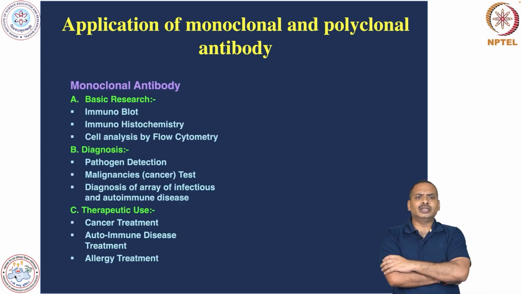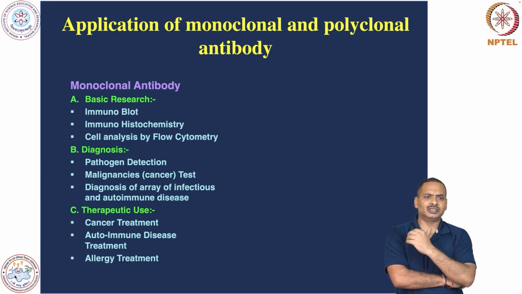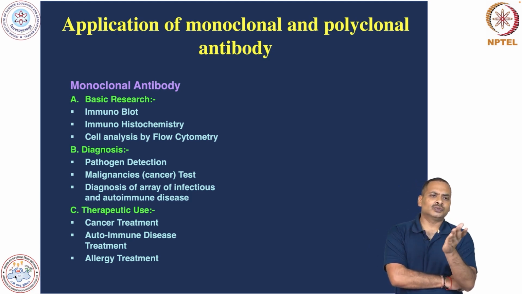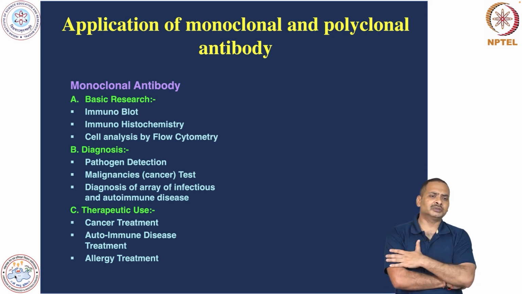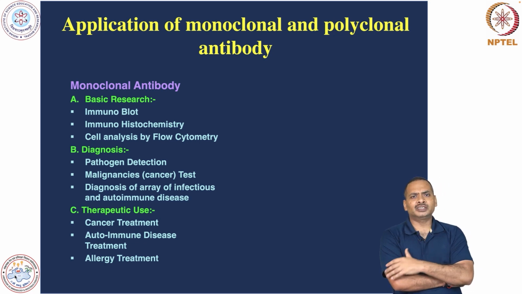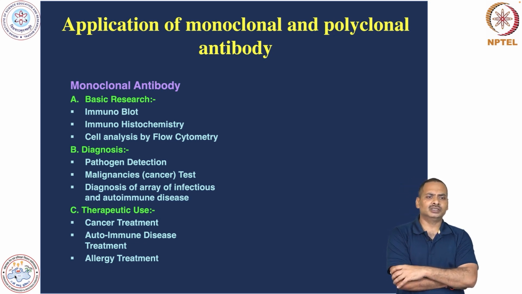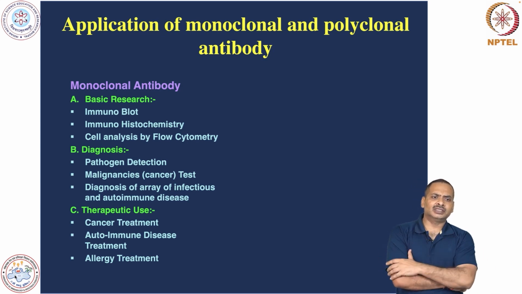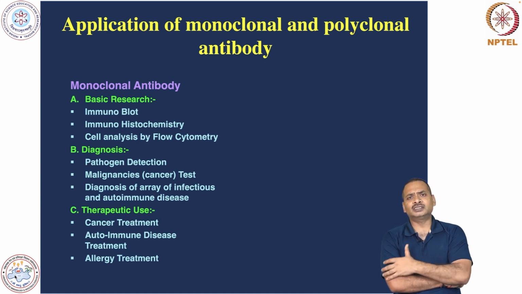Monoclonal antibody is basically used in basic research, diagnosis, and therapeutics. In basic research we use it for immunoblot, ELISA, immunohistochemistry, and flow cytometry; you do cell analysis using monoclonal antibody. It is widely used in diagnosis, like pathogen detection, malignancy, and diagnosis of an array of infectious and autoimmune factors.